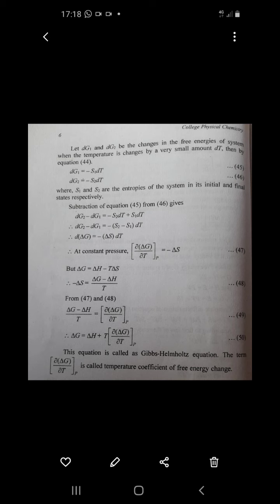Remember, students, how free energy gives free energy change delta G and enthalpy change delta H, and how they are related to the rate of change of free energy with temperature at constant pressure. That equation is called the Gibbs-Helmholtz equation.